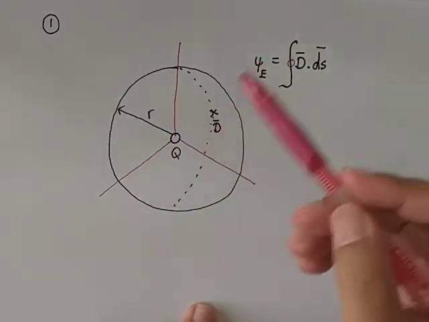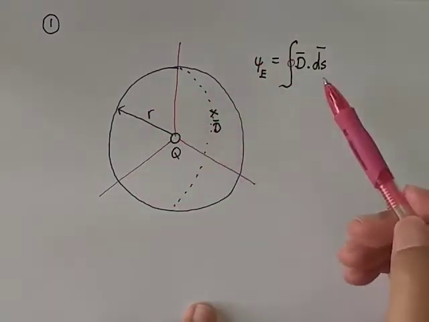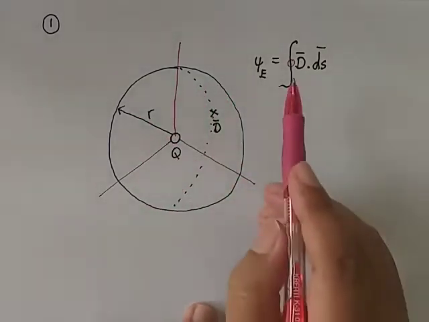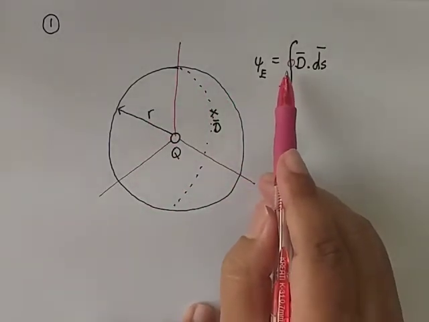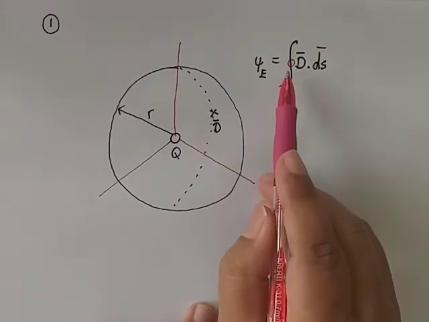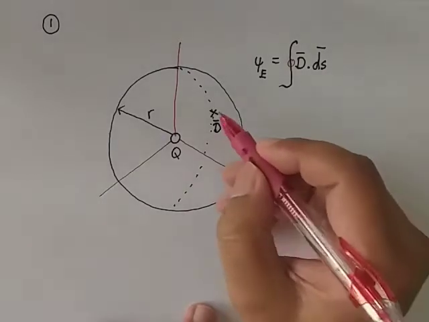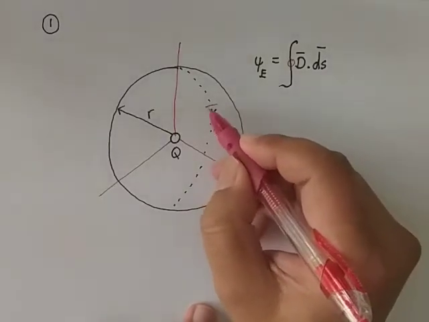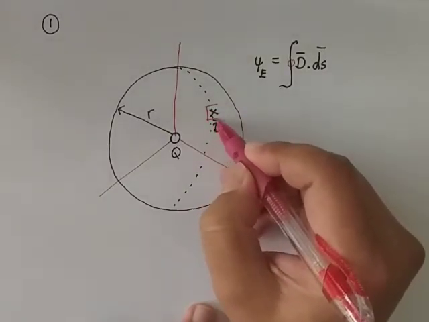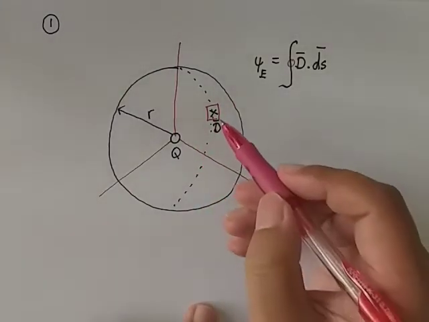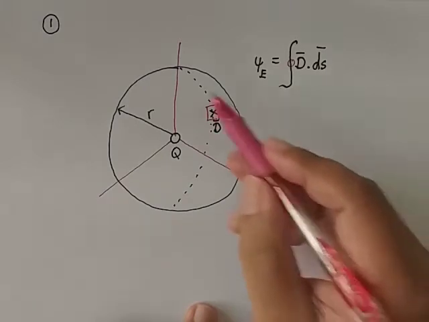All the flux is going to be captured by this surface area. That's why I indicate this symbol, complete closed structure. So the dS should be the sample area referring to this particular segment of the surface of the sphere.